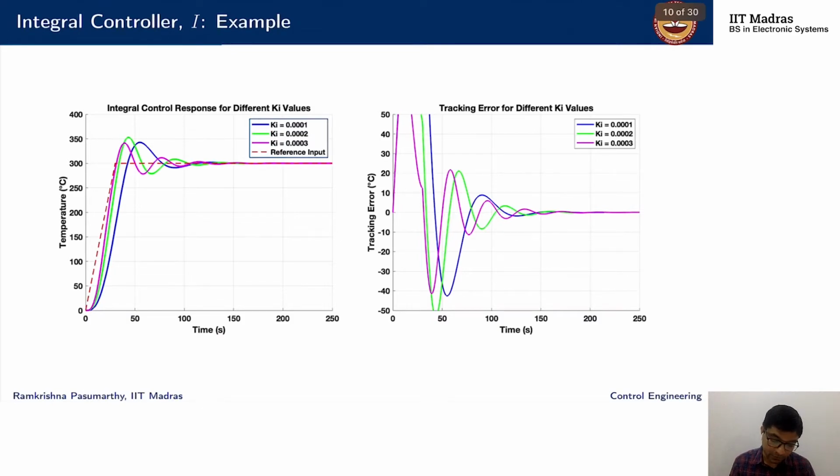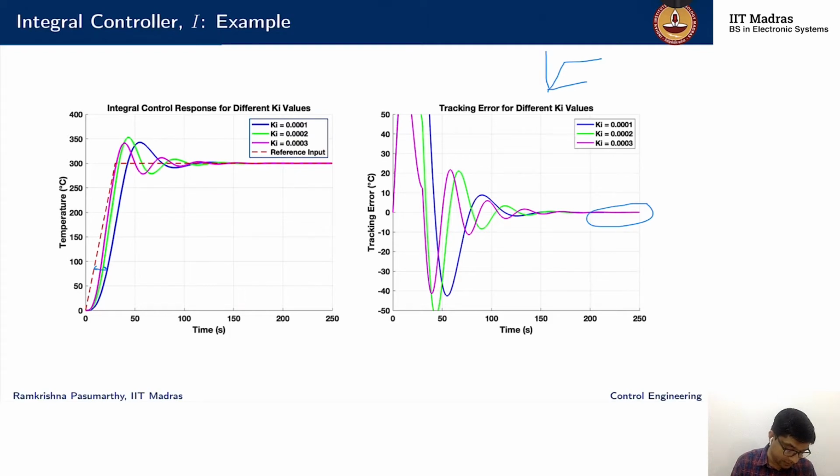So what happens for different ki values? We see that of course the error in the steady state goes to 0, which is nice because after a while I'm tracking a constant input. And what we see here is there is some initial error between the reference and the actual.